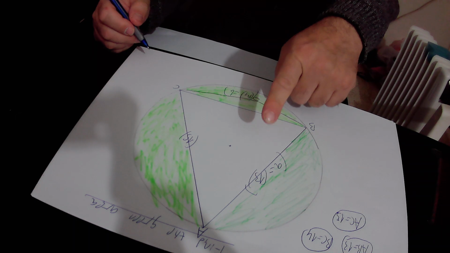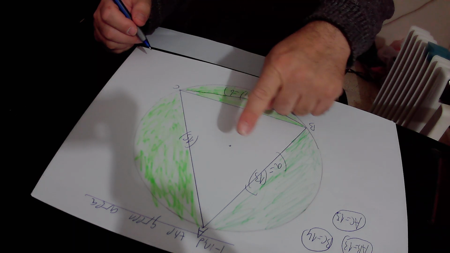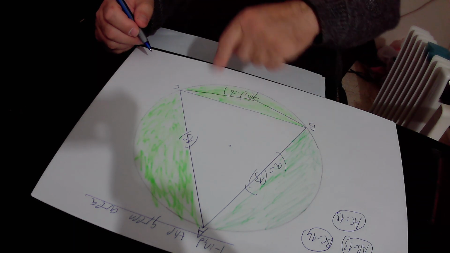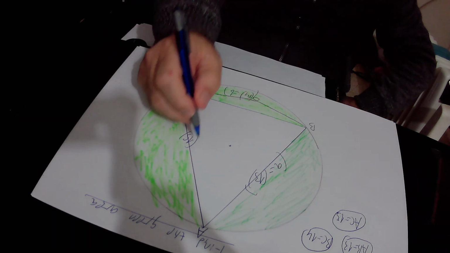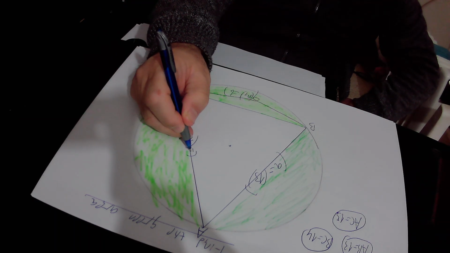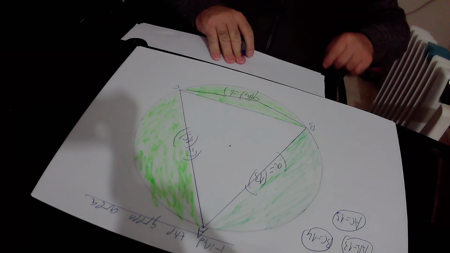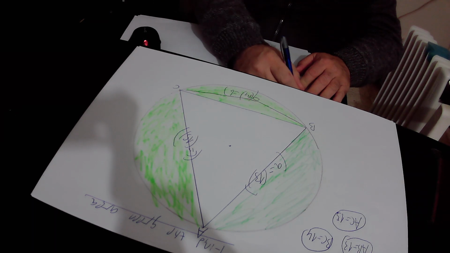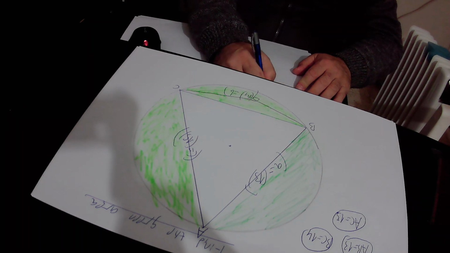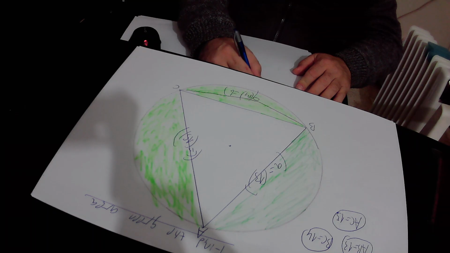And finally, we define the length of side AC as C, and C equals 15 units. So I write it down here: A equals 13, B equals 14, and C equals 15.